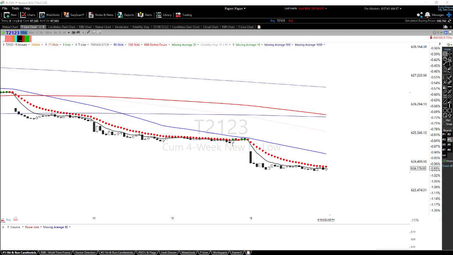It's simply the difference between new issues reaching new highs and new issues reaching new lows. And if we want to be bullish, we need the crowd to be bullish. And this is what this will help us with.